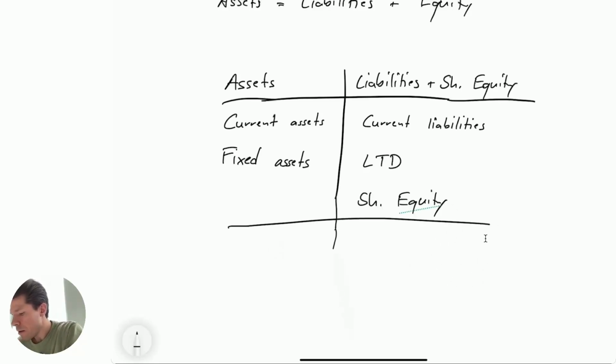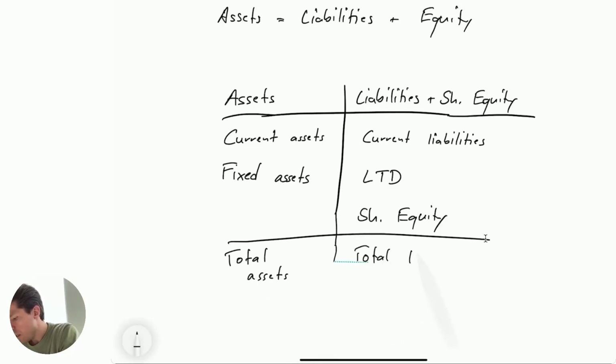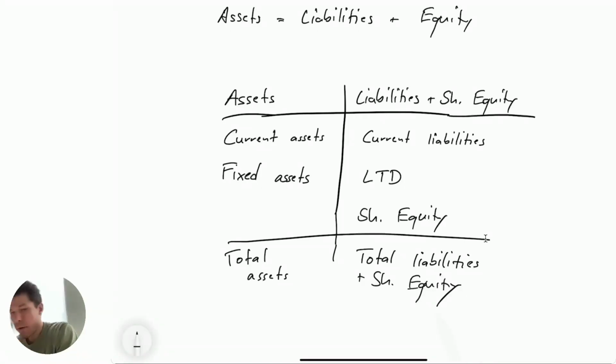And then, if you can see, the left-hand side should equal the right-hand side, and that's exactly what we defined earlier. So here you have total assets, and here you have total liabilities plus shareholder equity. Yeah, you may be familiar with this, you may have seen it before.